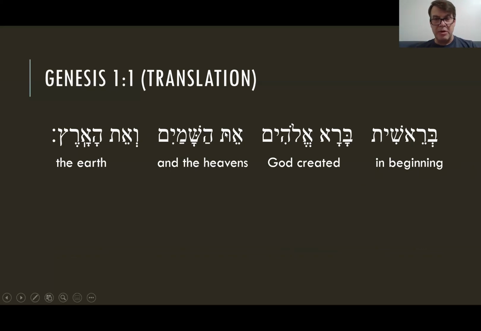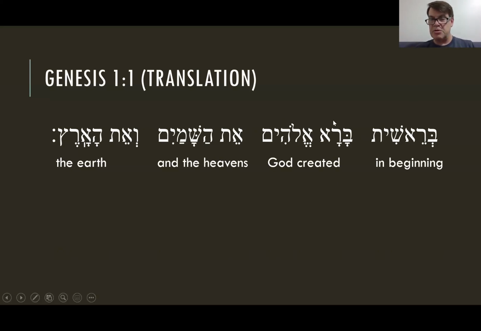Now, et, v'et, you can see these two look alike, right? It's not really translated. It basically says direct object approaching. And it's going to be a definite direct object. So this is the definite direct object marker. The direct object in grammar answers the question, what, after the verb.